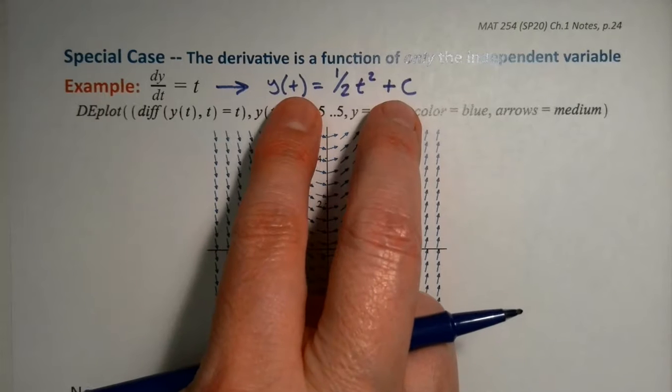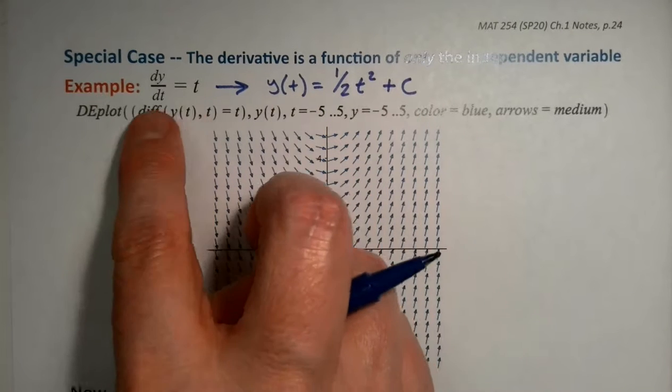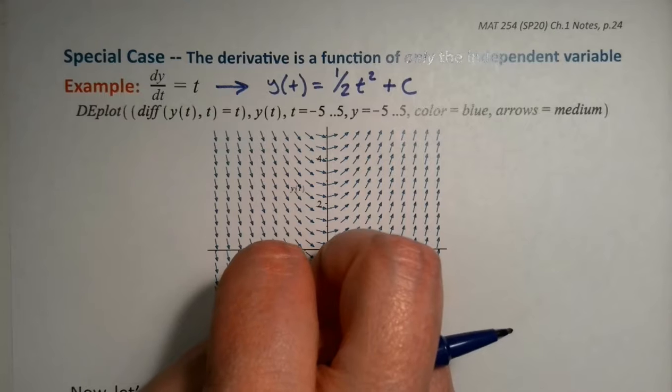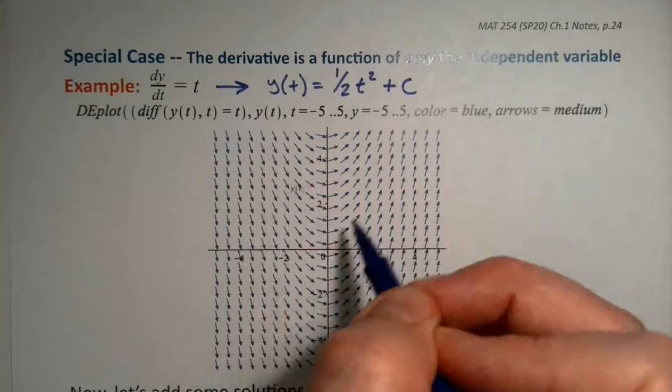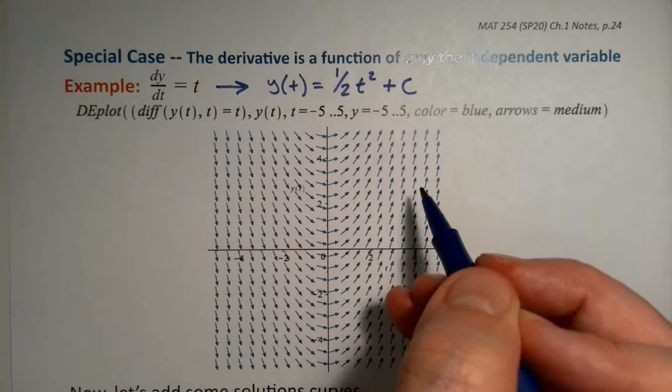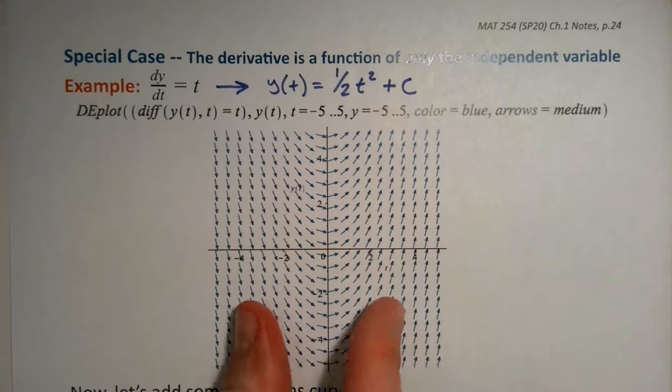We know this because we take the integral of both sides with respect to t. And the slope field looks exactly like you'd expect. Every curve on here is a parabola of the form 1/2 t squared, but they're all just shifted vertically, right?